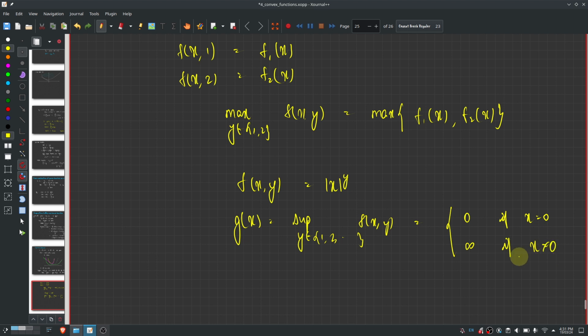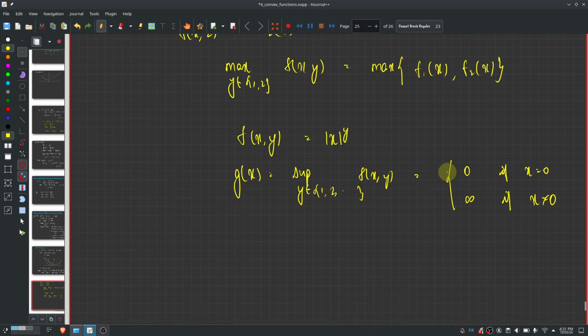Correct? So it is this function. It's finite only for one particular value, x equal to 0. But this function is not equal to any of these values for any finite y. Right? You fix a particular x, let's say x equal to 1.